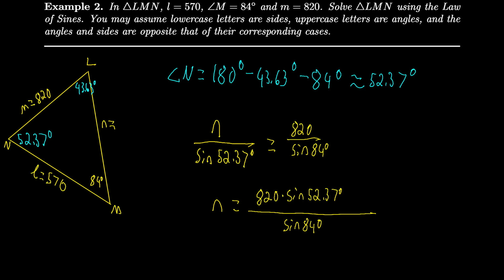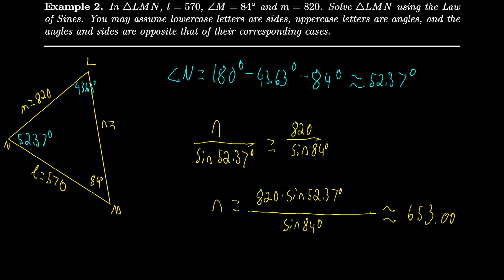It canceled on the left, and on the right, it's up top because I multiplied by sine of 52.37 over 1. And then you just type this into a calculator, and you get an answer. Something around 652.993. That's 653. It's 652.99, but that rounds up to 653.